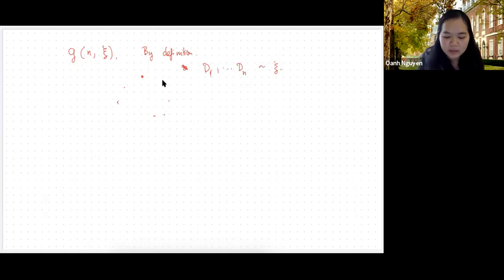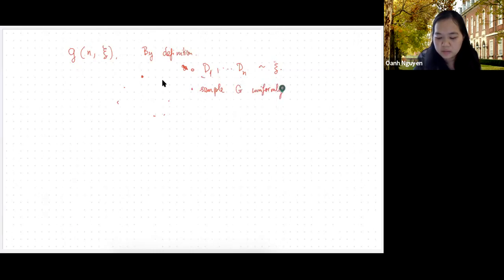And then after you sample the degrees, you sample the graph G uniformly among all the graphs where the degree of vertex v_i is d_i. Okay. That's the definition.